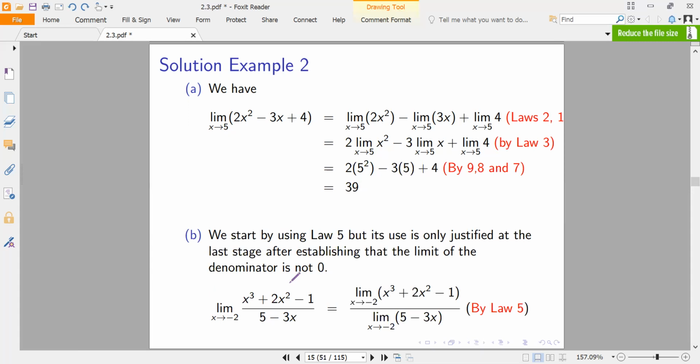Basically eliminating this quotient, we can take the numerator evaluated individually and the denominator evaluated individually. Remember we said we can only use this law if the limit of the denominator is not 0. If the limit of the denominator is 0, then using that law is wrong.